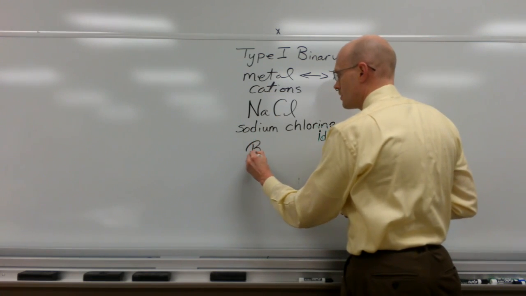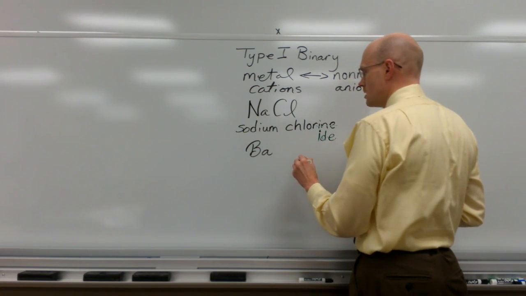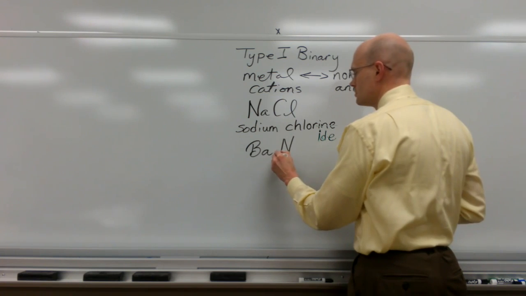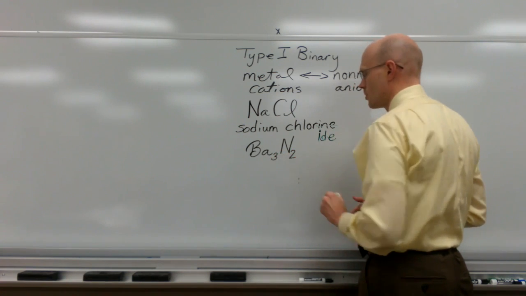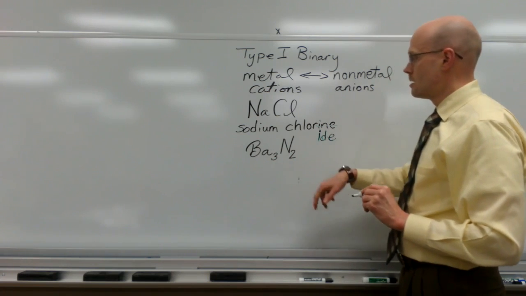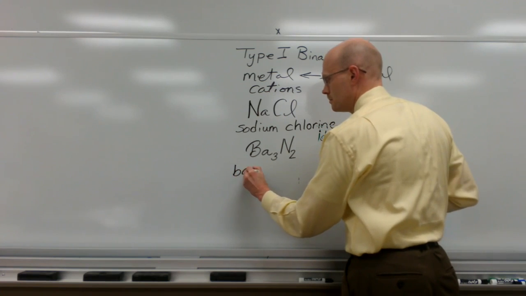Let's say we have Ba for barium, and we have nitrogen. So here is its formula, Ba3N2. Okay. The metal's name, barium.